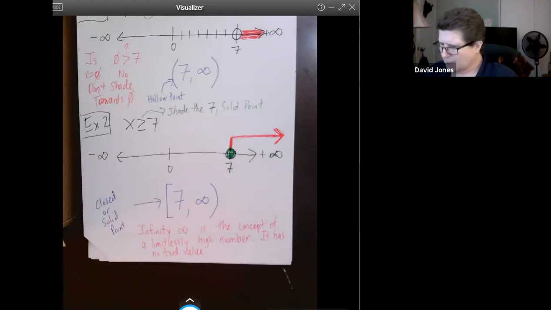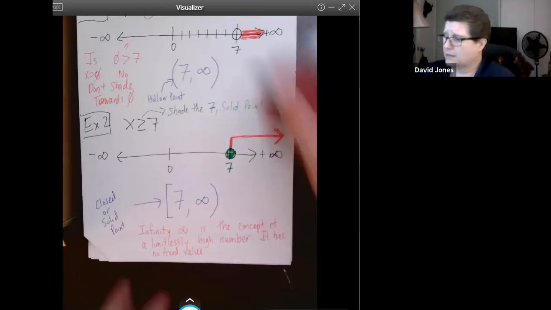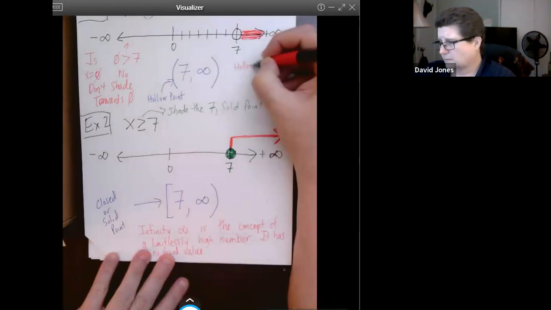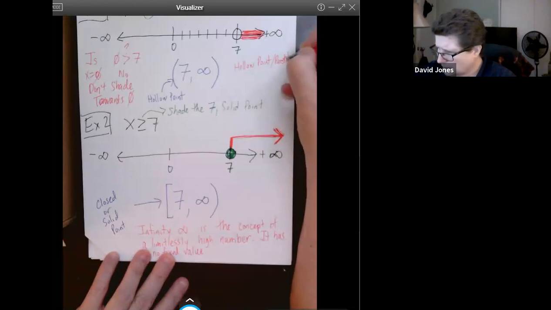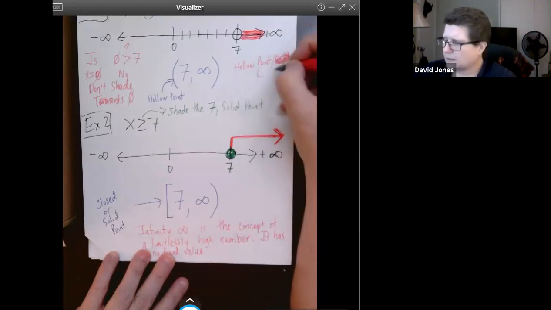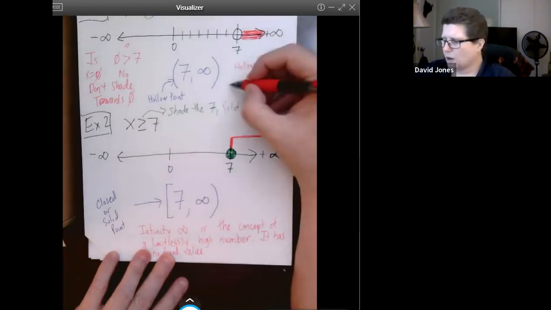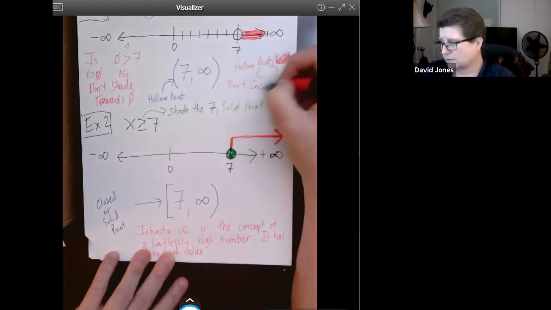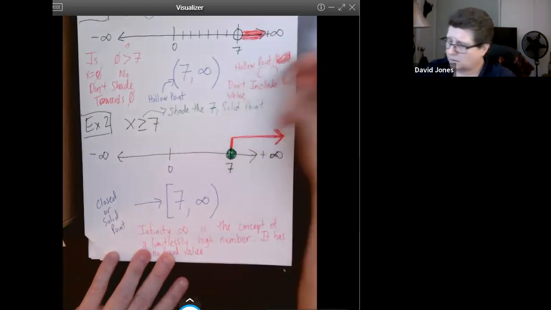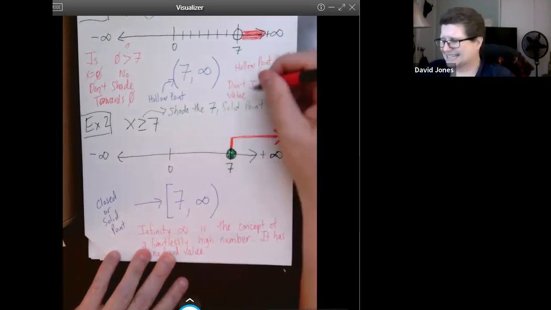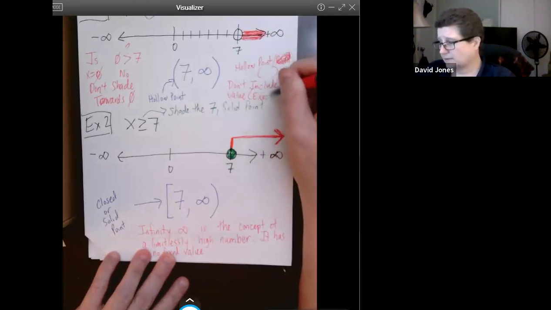And let's get back to this hollow point and this solid point idea. The hollow point in the parentheses says go all the way up to the value, but don't include the exact value.